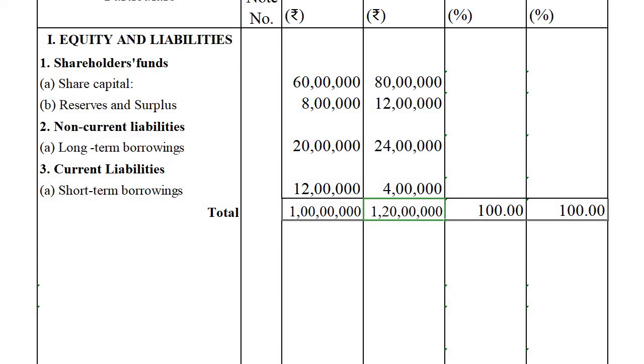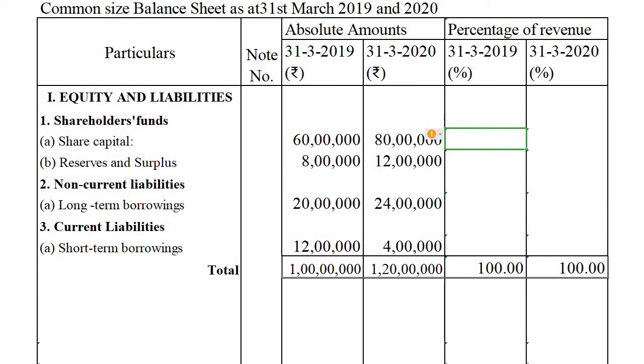So what we have to do to find out the absolute change of the previous year, listen carefully. Here we have to write the percentage of share capital. Share capital absolute value 60 lakh divided by total 1 crore into 100, that's all, we will get 60%.